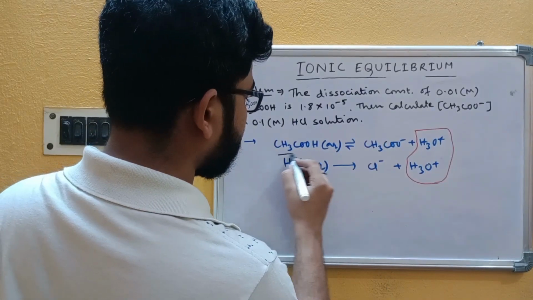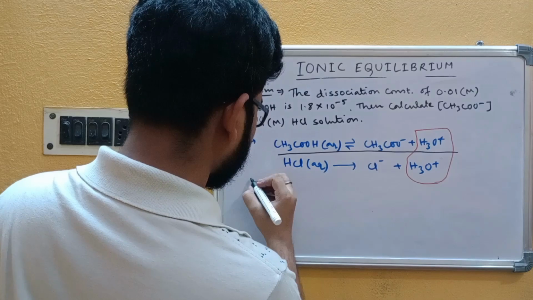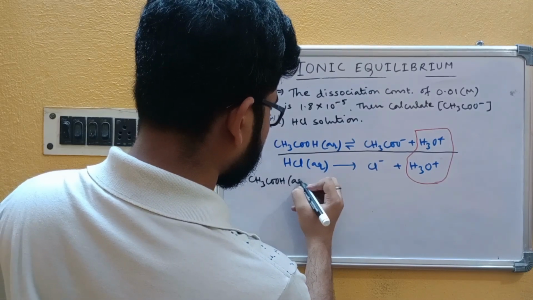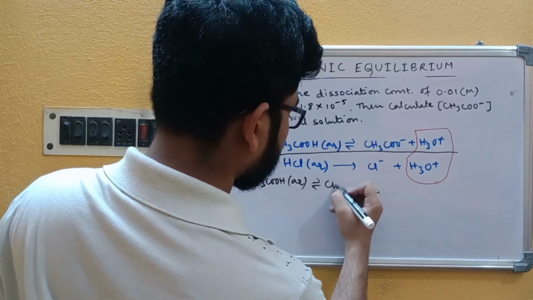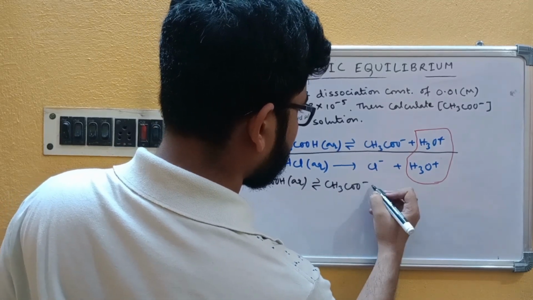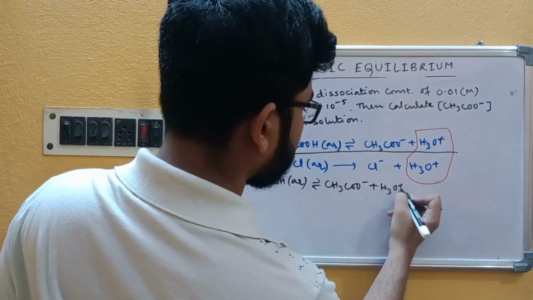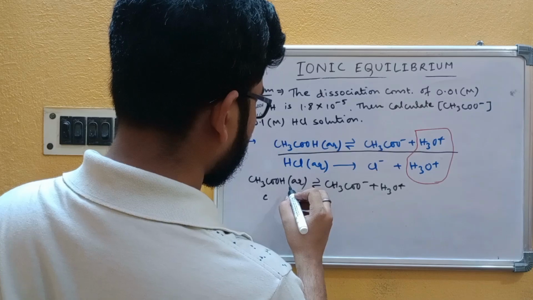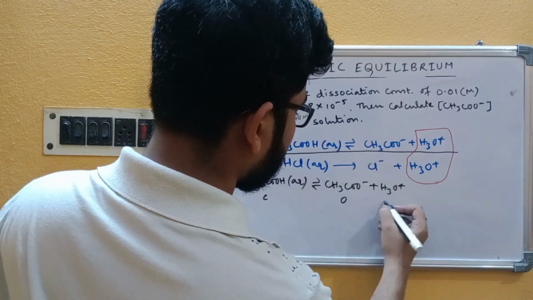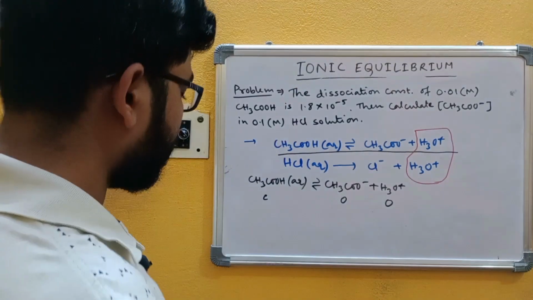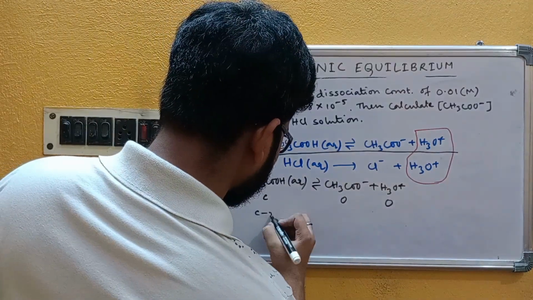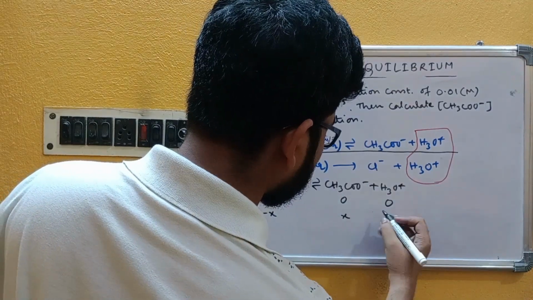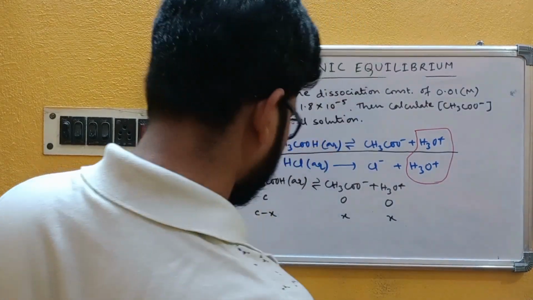So if we write this reaction separately, CH3COOH aqueous gives CH3COO- plus H3O+. Initially, suppose the concentration of CH3COOH is C, then it is 0, 0. At equilibrium, suppose X amount of CH3COOH dissociates to give X amount of CH3COO- and X amount of H3O+.